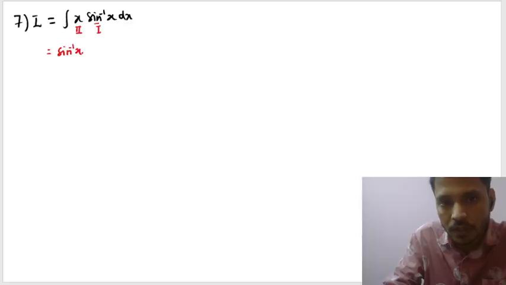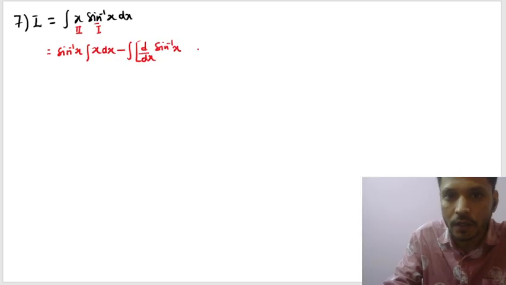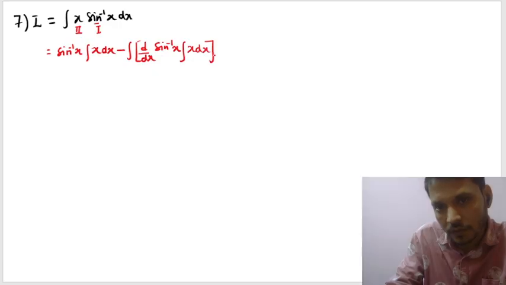So sine inverse x, and then integration of second function into dx, minus inside integration derivative of the first function, that is sine inverse x, and then after derivative of this, integration of the second function, that is x dx, and then bracket close into dx, right?